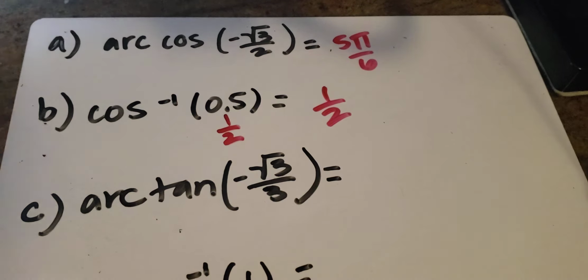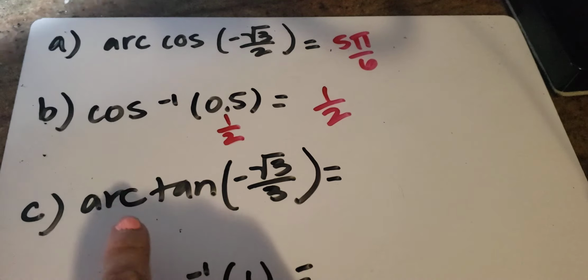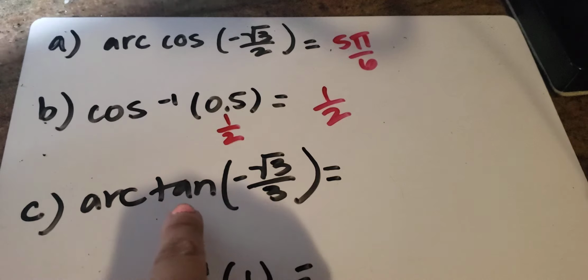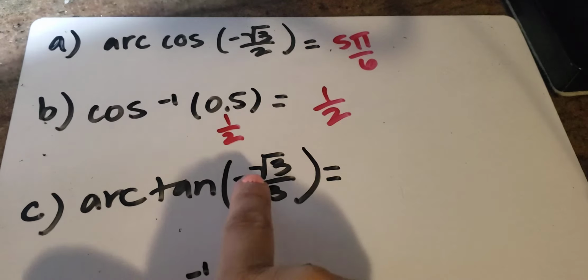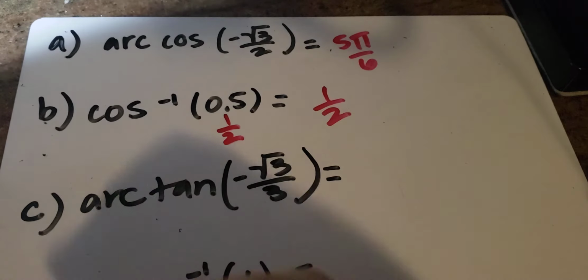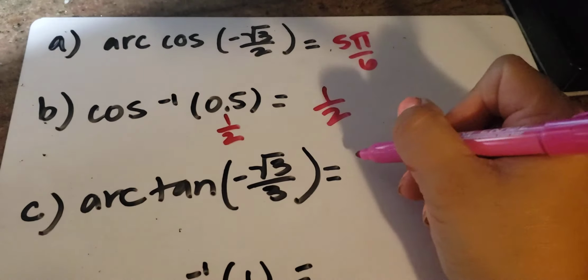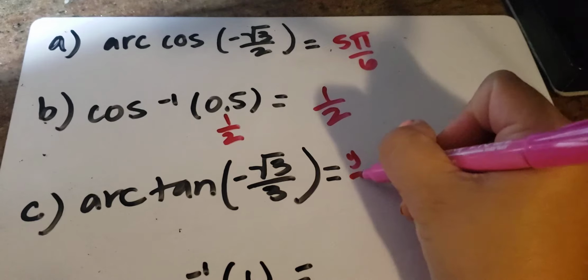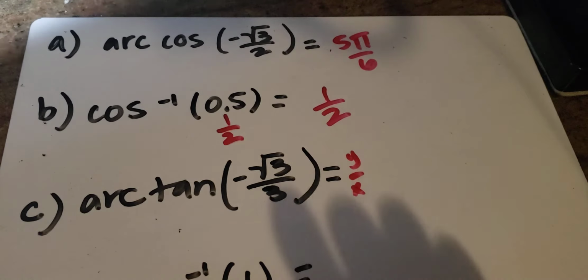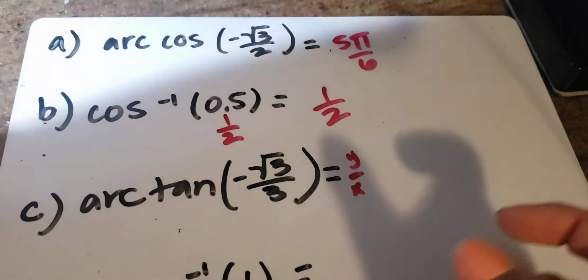Again, I really like using the unit circle because after a while, you get in the habit of understanding your unit circle a little bit better. Okay, so now we're looking for arctangent of negative radical 3 over 3. Just remember for arctangent, it could be a little bit tricky because it's basically y over x, so you have to look at your y value and your x value.